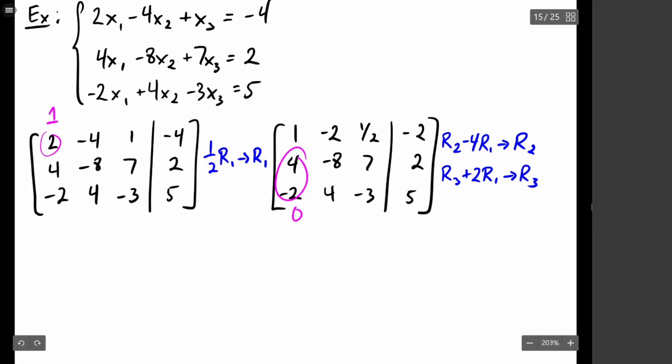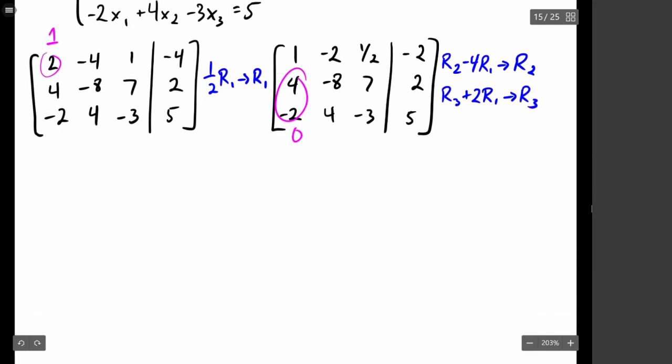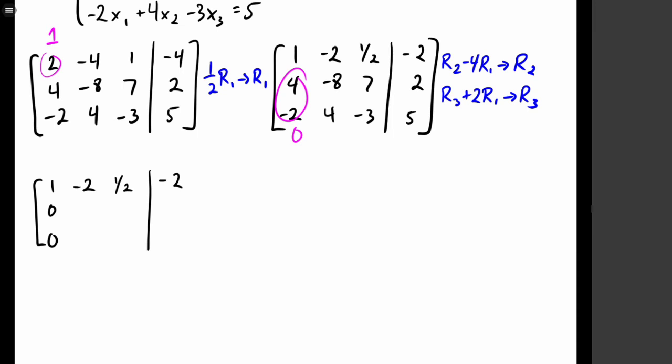If we do this, then what happens? We get 1, -2, 1/2, 2. These are both 0. This next step here is going to work out that we get zeros here, 5, -2, 10, and 1.